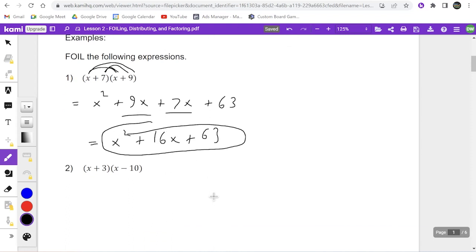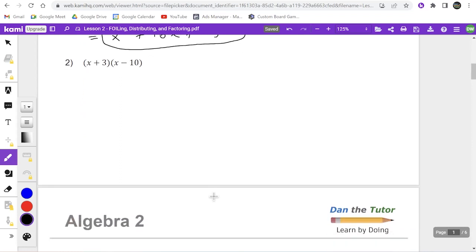And now for number 2 here, I'm going to do something weird. I'm going to do these in a random order to show you that the order does not matter. In other words, I can start with last if I really want to for the FOIL. I can say 3 times negative 10 is negative 30.